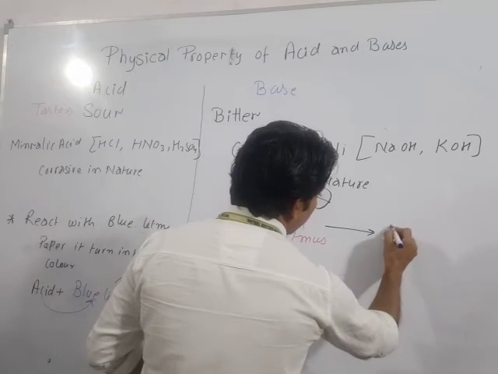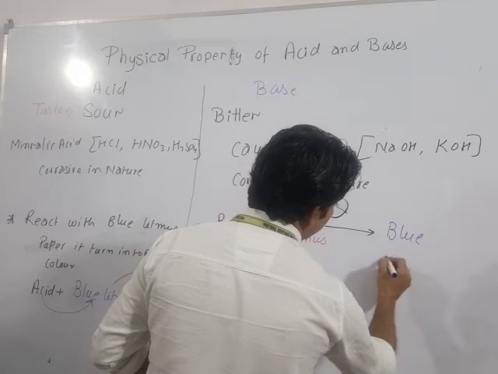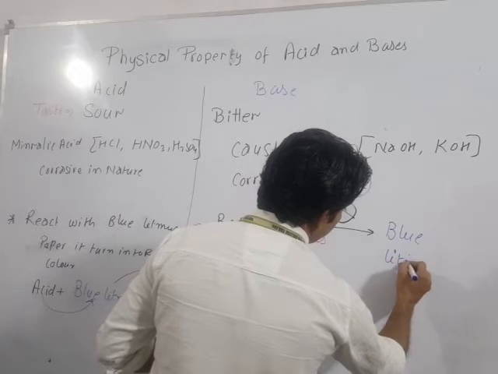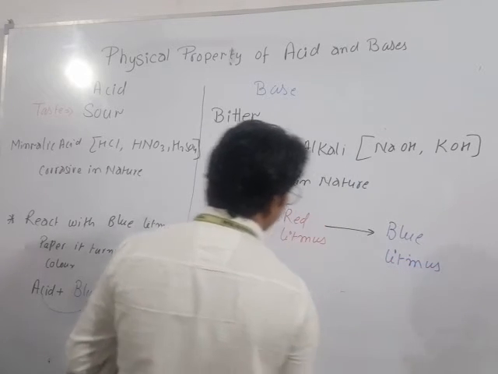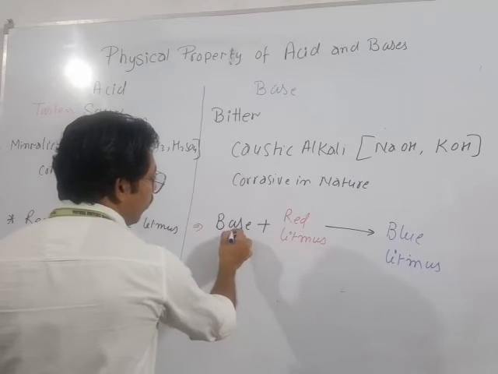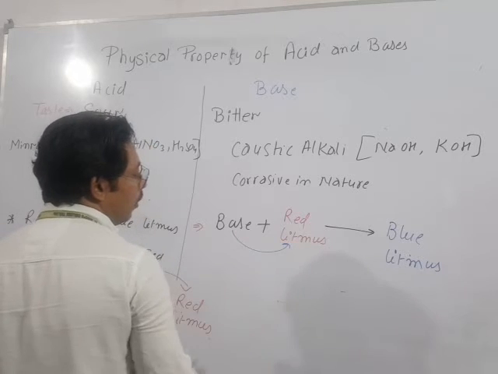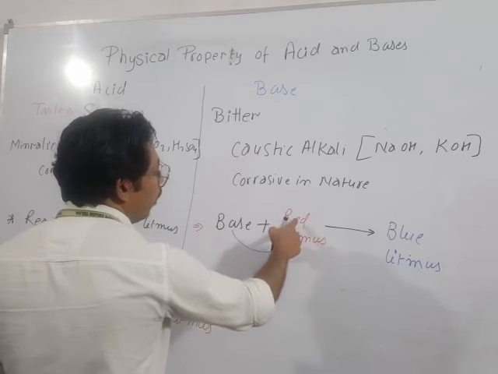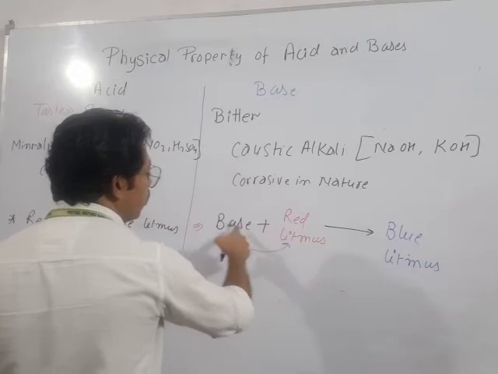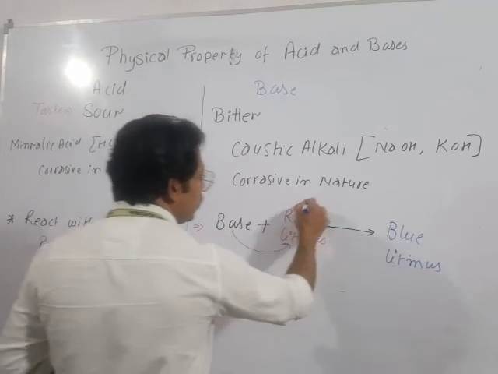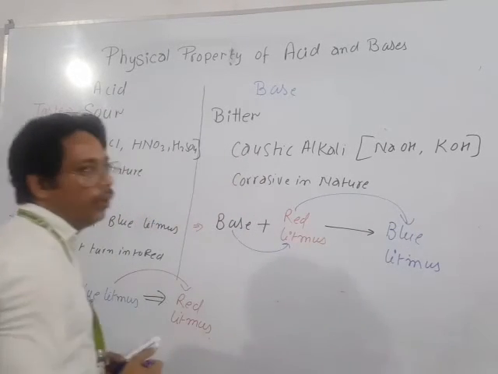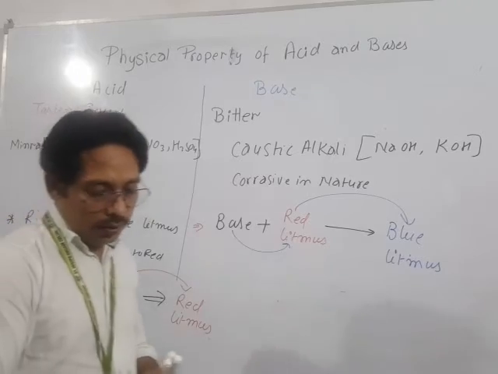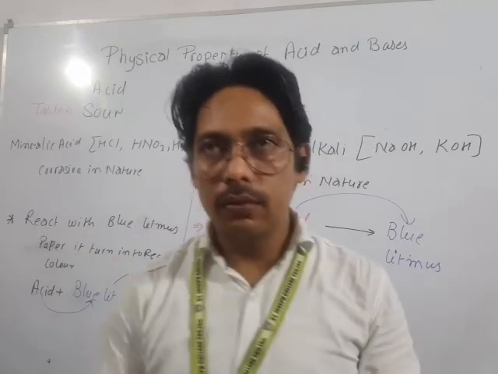What? Blue. You can see that when a base reacts with red litmus that is introduced into the base, it changes its color into blue litmus. Okay? Yes or no?